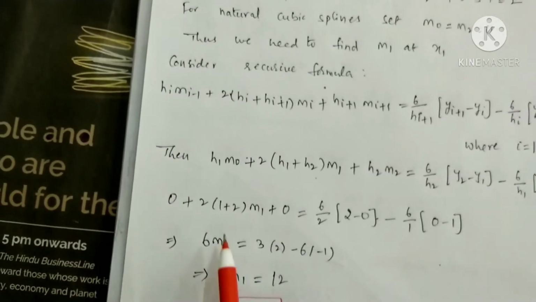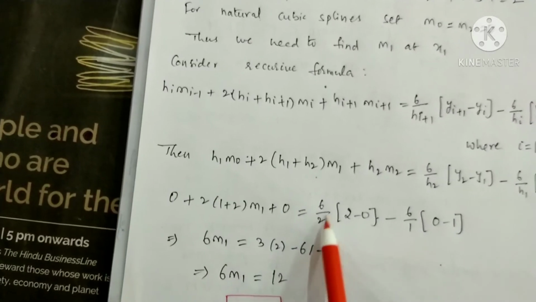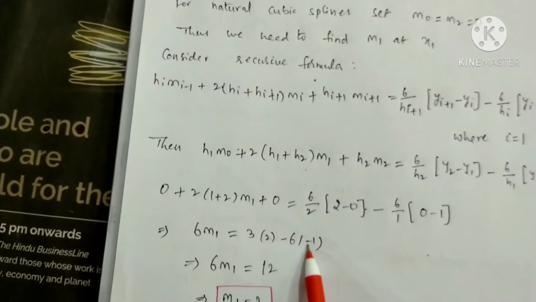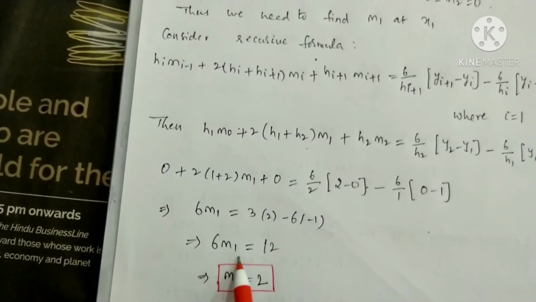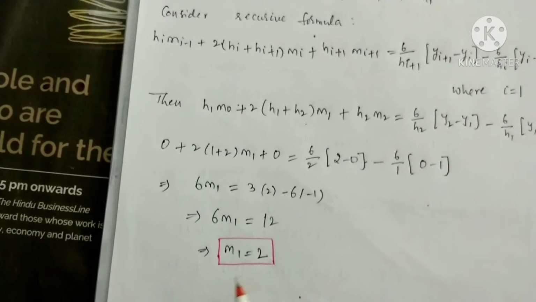Now this becomes 6 m1 equals 3 into 2 minus 6 into minus 1, so this becomes 6 m1 equals 12, then m1 equals 2.